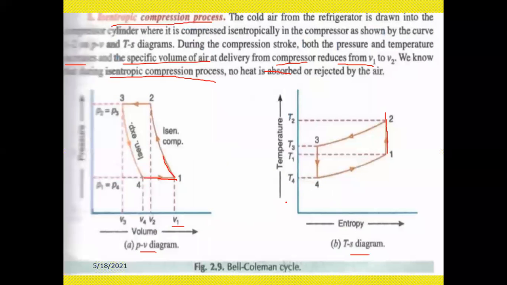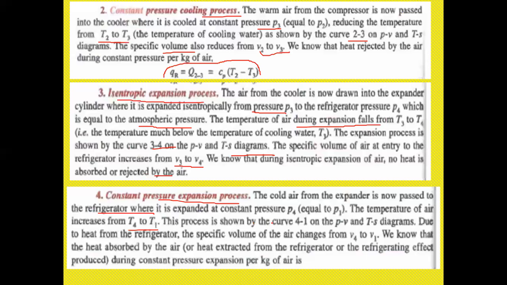Again the temperature is increasing from T4 to T1. This process is shown by the curve on the PV and TS diagrams. So in the refrigerator, the specific volume of air changes from V4 to V1. Therefore, the heat is absorbed by the air during the constant pressure expansion per kg of air.